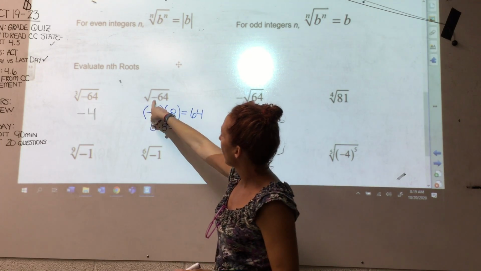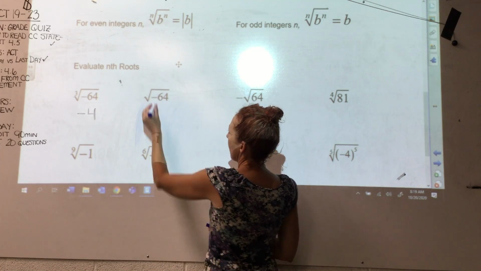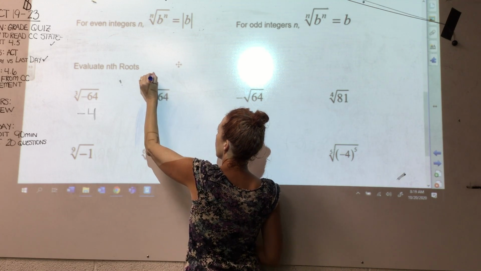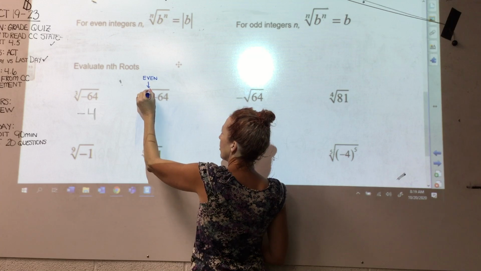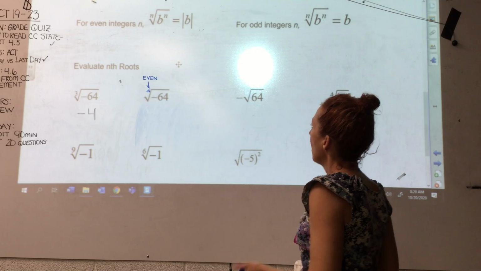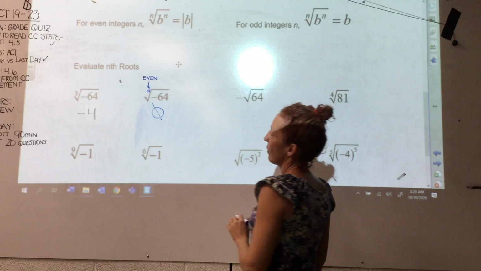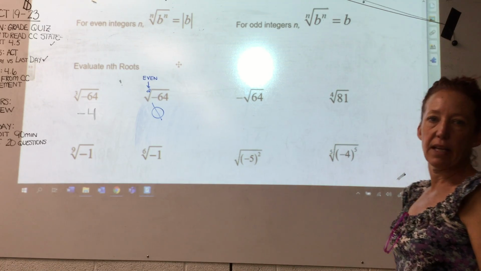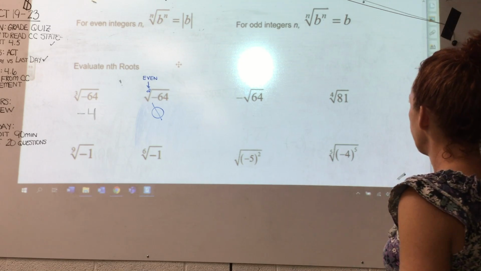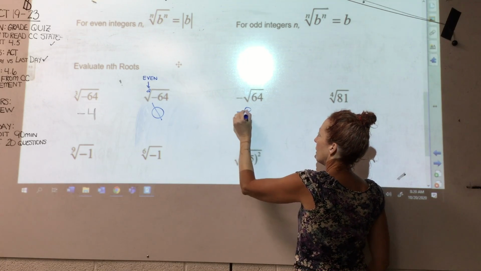And so if you have a negative underneath your radical, and this is an even root, and it's always a 2 when we talk about a square. We don't write that down, but that's the implication. And so if that is any even number, it doesn't work. So that circle with the line through it is again a symbol for empty set, if we've talked about that before. Now, if you have a negative outside the radical, you're good. -8.